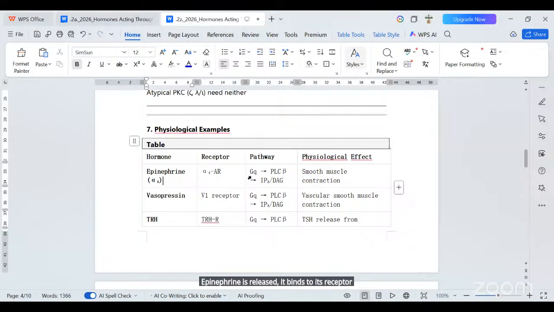And when that happens, Gq, what's Gq? G protein Q, activates PLC beta, and activation of PLC beta allows for the release of IP3 or DAG. And what is the effect? The smooth muscles contract.